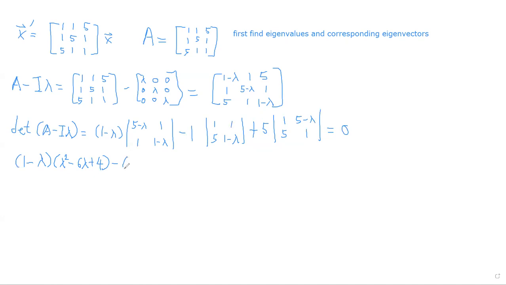That's negative 4 minus lambda. Plus 5. Okay, this is 1 minus 25 plus 5 lambda. So that's negative 24 plus 5 lambda. And that's equal to 0.